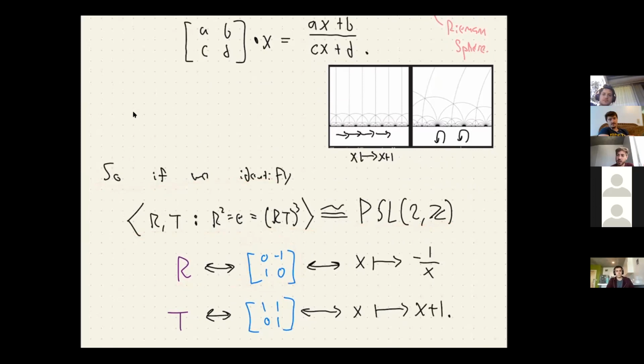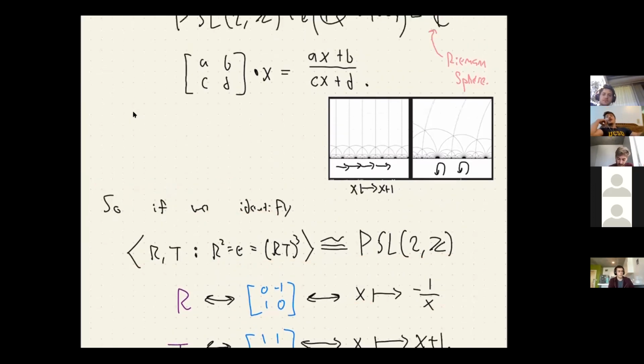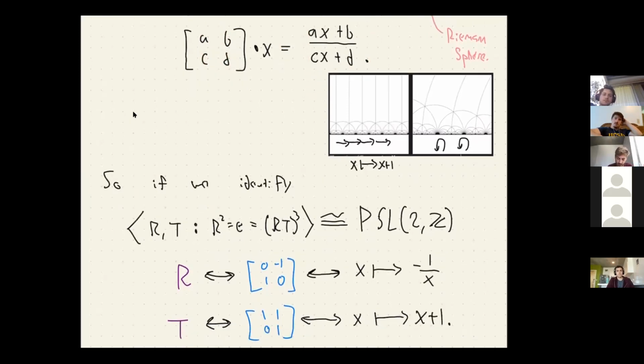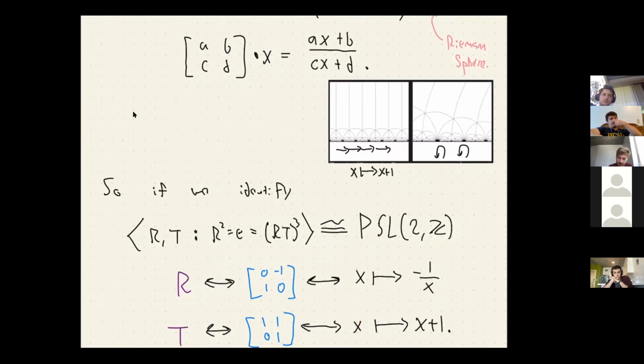And we said earlier that was X going to 1 minus X. And indeed, if we look at what happens if we plug in 0, minus 1, 1, 0, then this fraction becomes minus 1 over x. Okay, and then T, or twist, corresponds to this matrix. And this matrix, you can also pretty easily see from looking at this formula, acts on x by sending it to x plus 1.